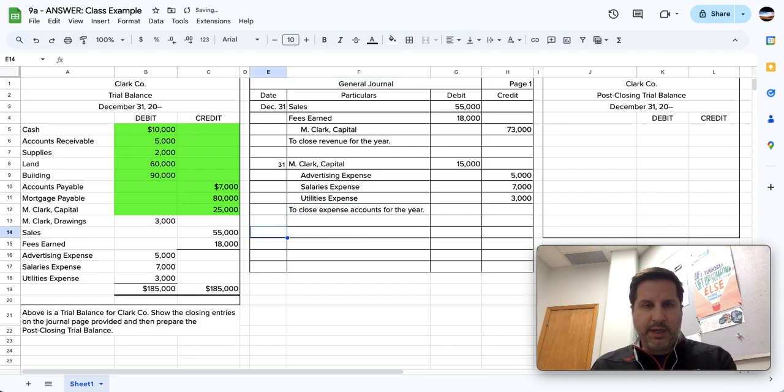And then the final thing I want to do is I want to give the owner the drawings, or I need to take away the drawings from the owner. So it's going to be M bar capital. It's going to be drawings, and it'll be for this $3,000 here.